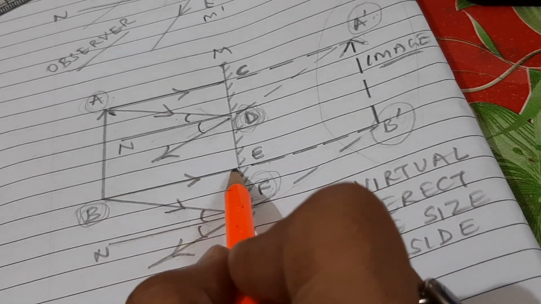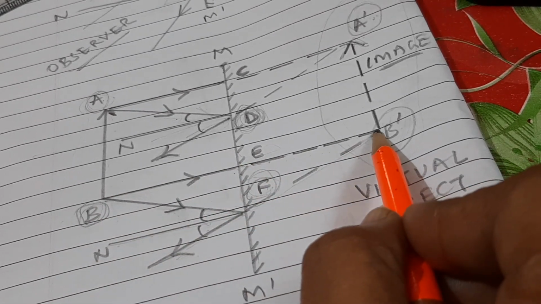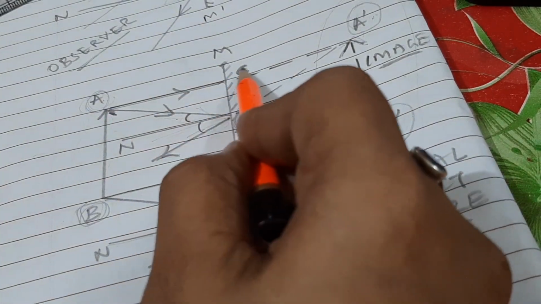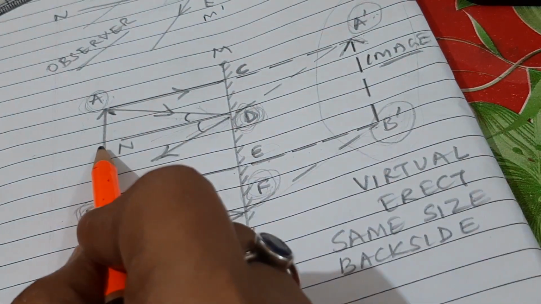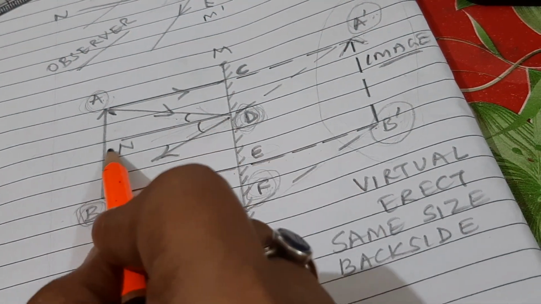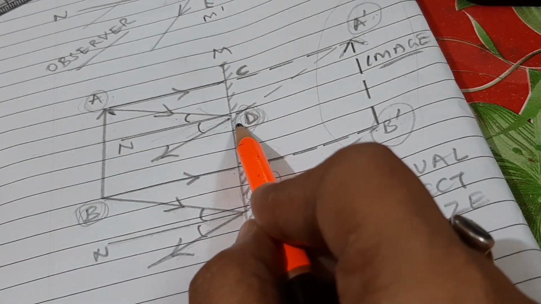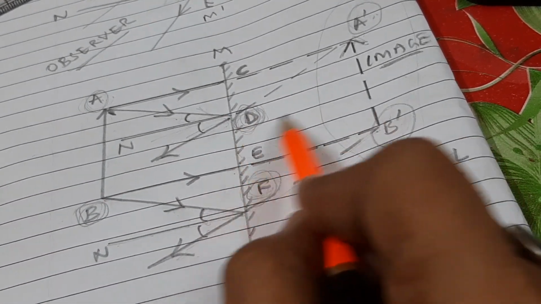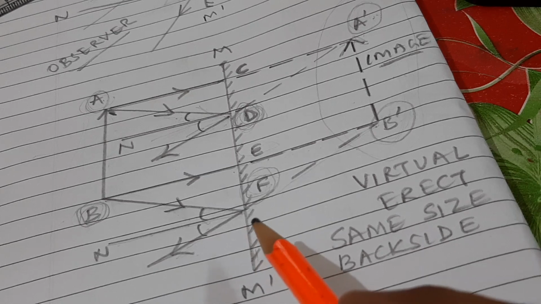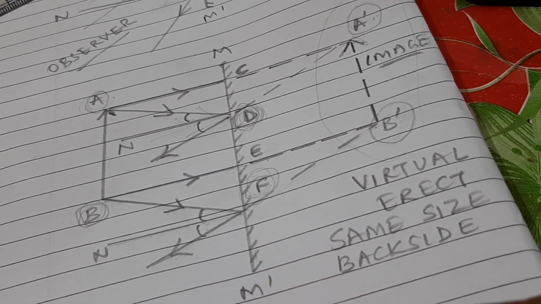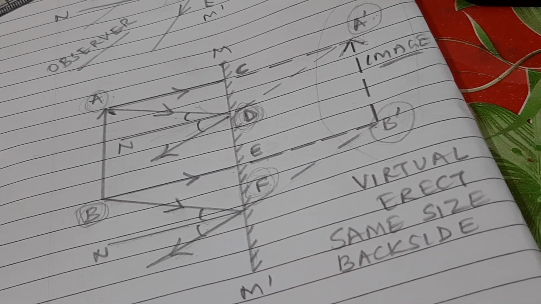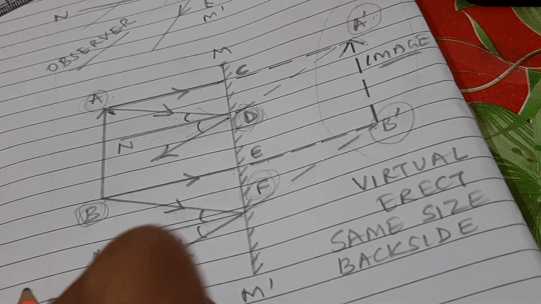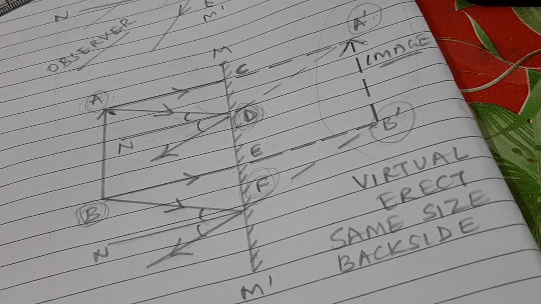So this distance and this distance is the same. This distance and this distance is the same. It means that the distance of the object from the mirror and the distance of the image from the mirror is the same, but there is one difference, and the difference is called lateral inversion.